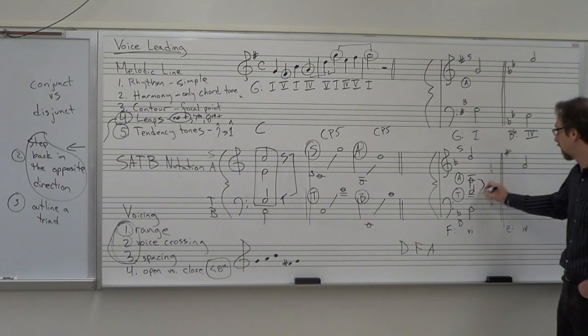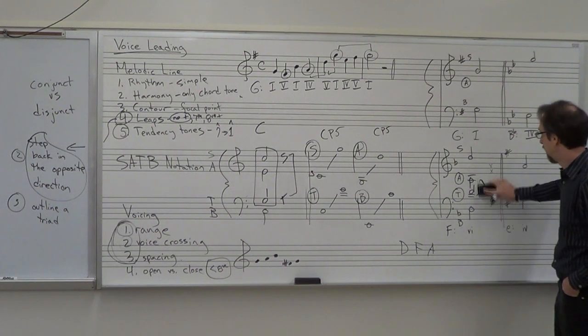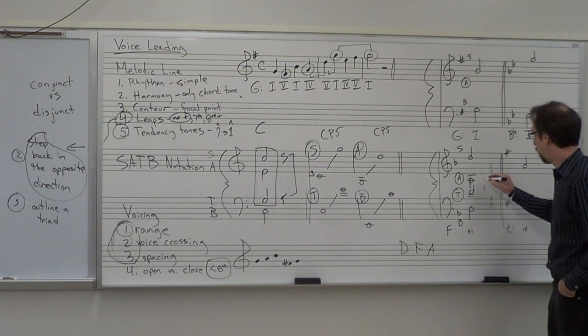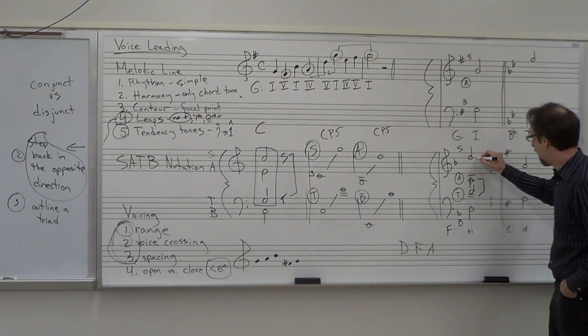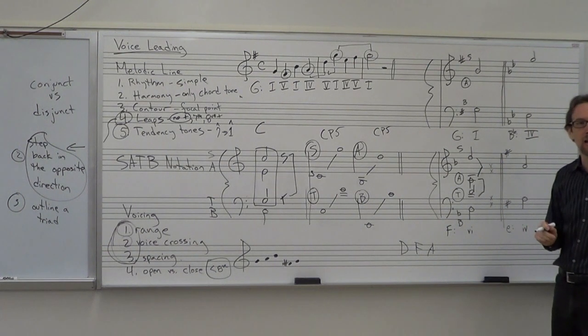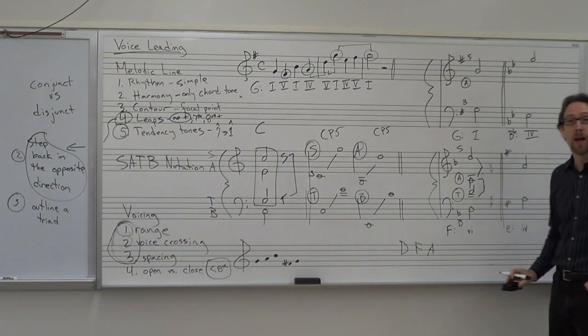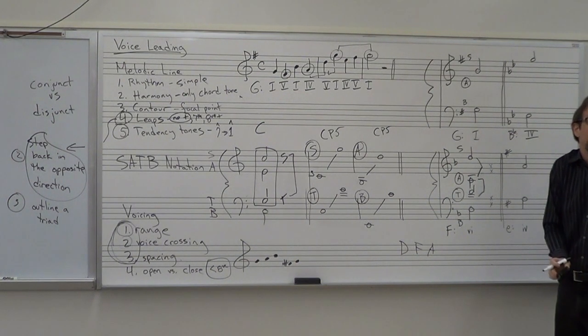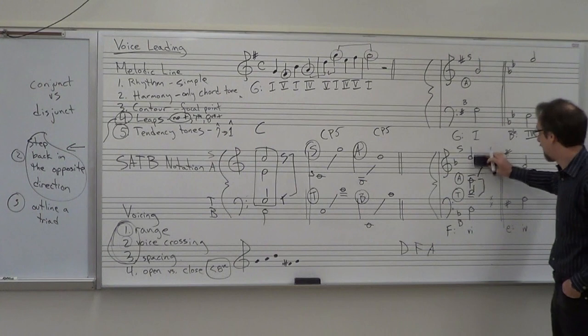So this is voice crossing right here between the alto and the tenor. Not only do we have voice crossing, this is more than an octave between the soprano and the alto, so that's a spacing error. We could make other errors like not putting the right notes in the chord and leaving notes out.